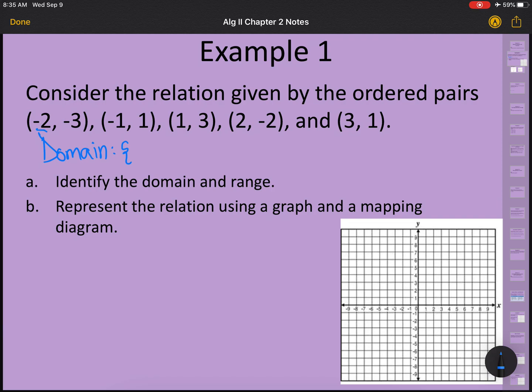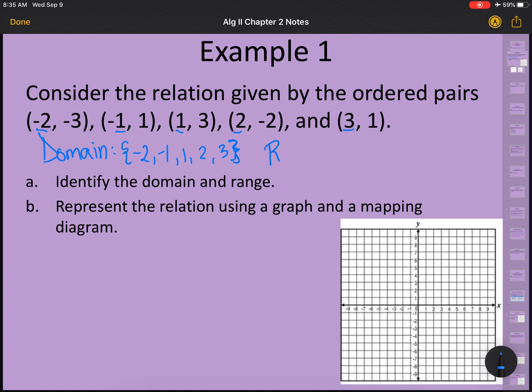So the least x value I see is -2, and then -1, and then 1, 2, and then 3. Okay? So here's our domain, all the x values.